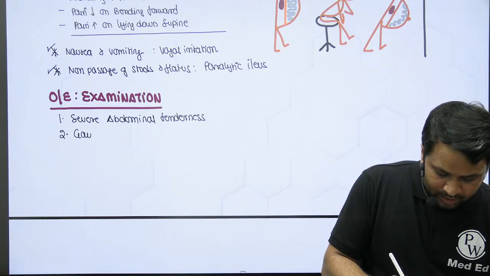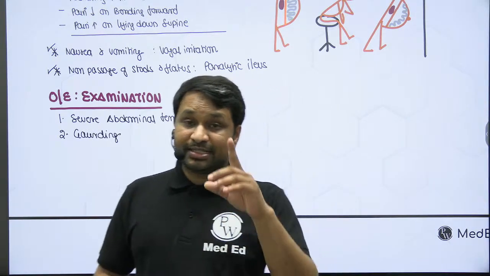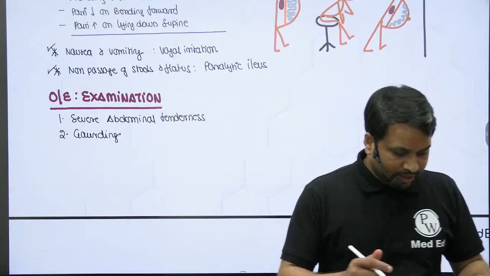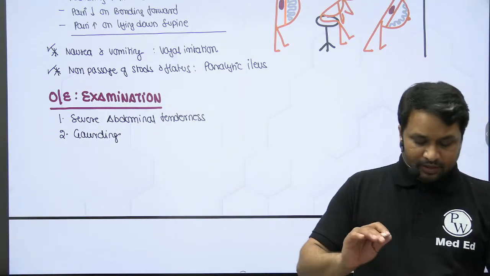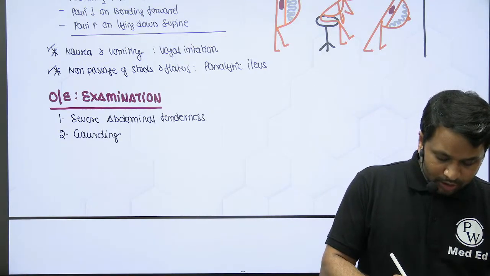Patient is going to have guarding. Guarding is not letting you touch. There's no rigidity. Rigidity is seen in peritonitis. Guarding is seen in severe abdominal pain or intra-abdominal inflammations, right? So severe abdominal tenderness is present. The guarding is present. Patient is not allowing you to touch.